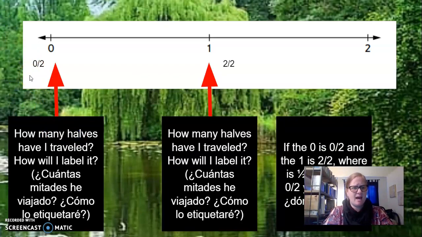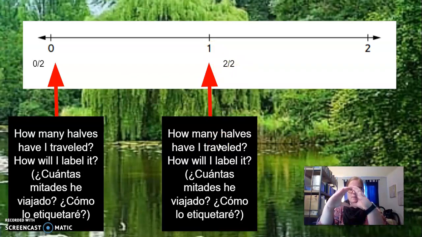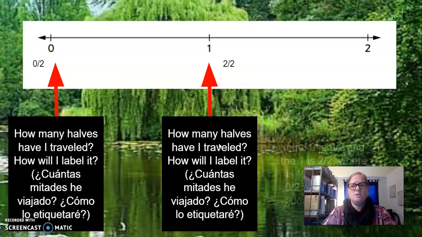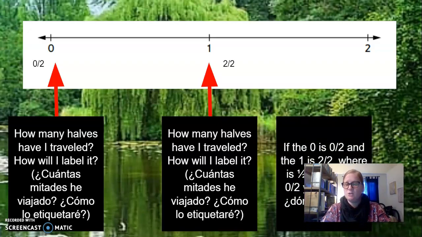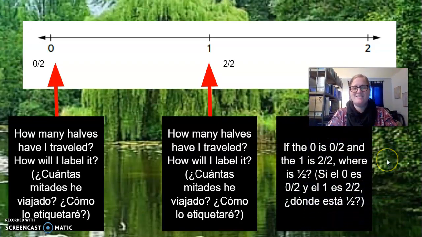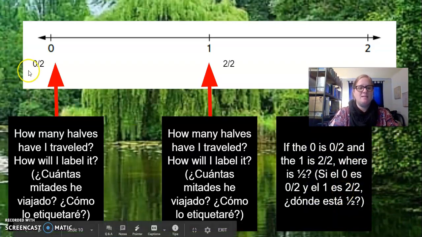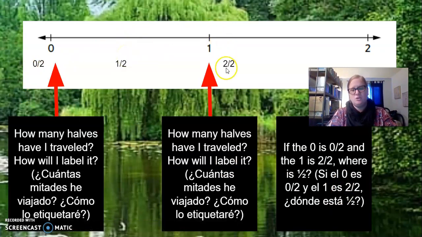Since I know that I'm doing halves, and this is 0 halves, then 1 has to be 2 halves, because 2 halves make a whole, okay? So if 0 is 0 halves and 1 is 2 halves, where is half? 1/2. So that would be 0 halves, 1/2, 2 halves.